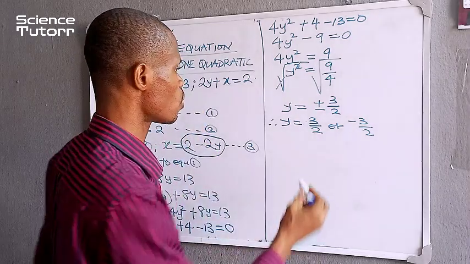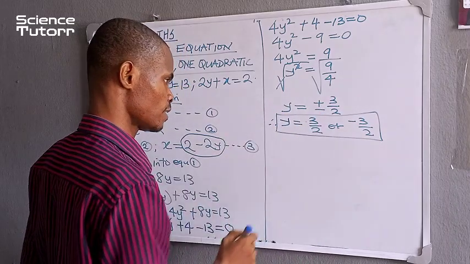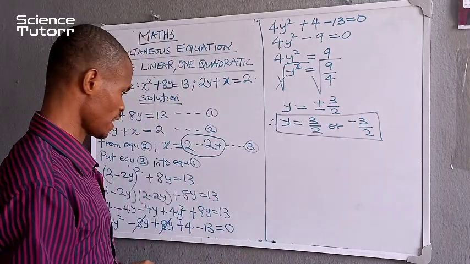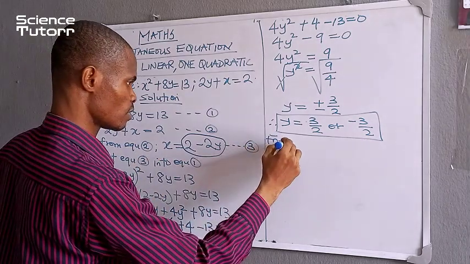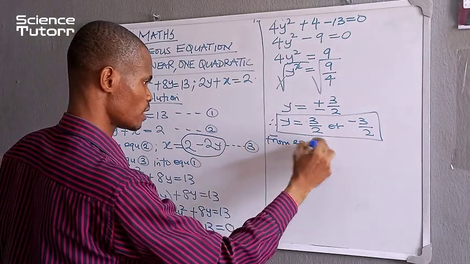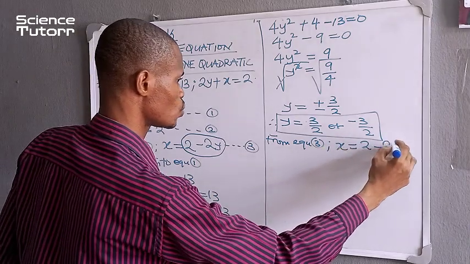So two roots involved. Now, having obtained the values of y from here, we can now find x using our equation 3. So from equation 3, there we have x equal to 2 minus 2y.